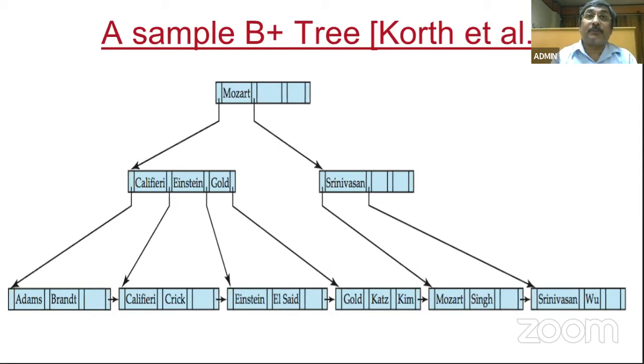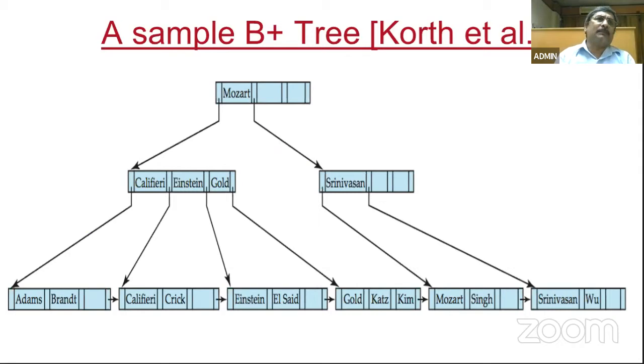If my key is less than Srinivasan, I traverse the left link of Srinivasan. But if my key is equal to Srinivasan, then I have to traverse the right link of Srinivasan.